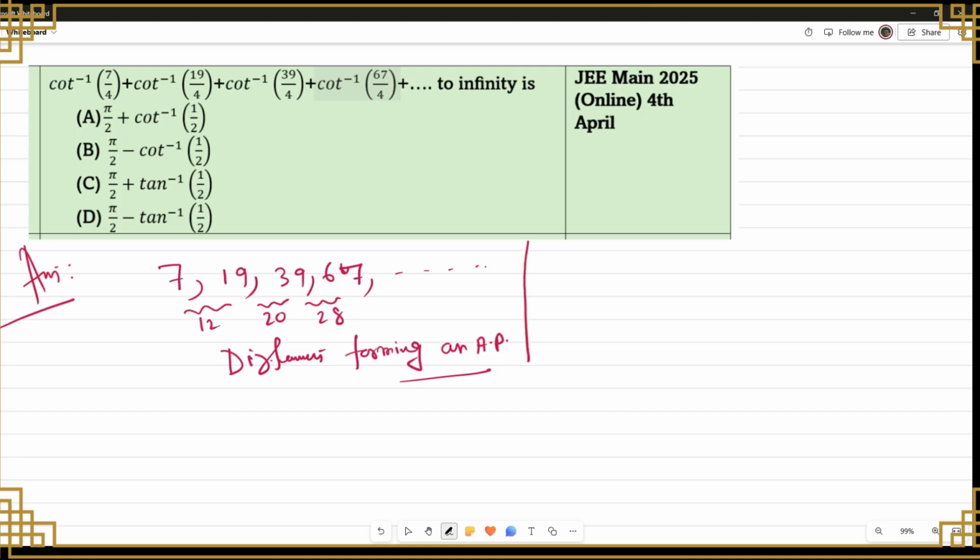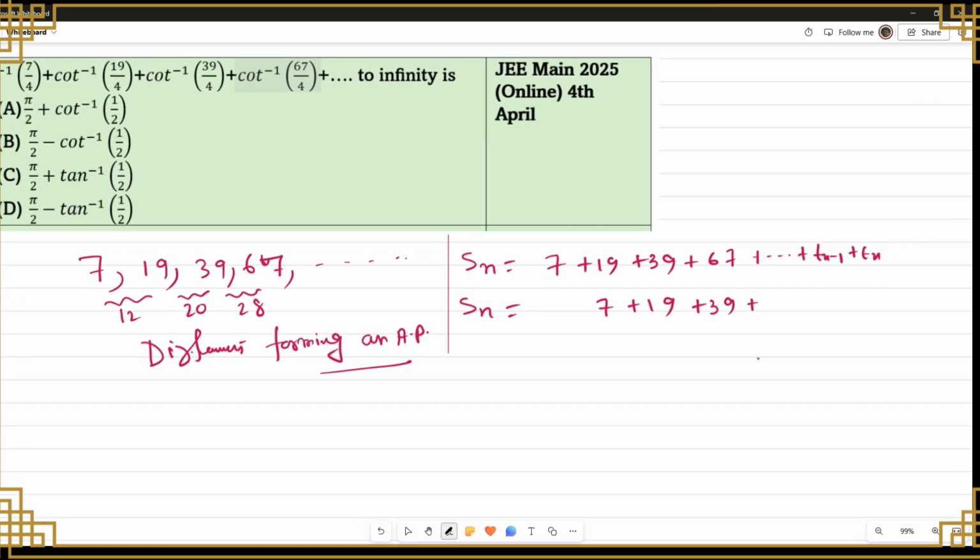By comparison or any method you can do it. Right now I'll be doing it by the very traditional method. I'll be writing Sn equals 7, 19, and so on, plus Tn minus 1 plus Tn. You write Sn again: 7, 19, 39, and so on, Tn minus 2, Tn minus 1, plus Tn.